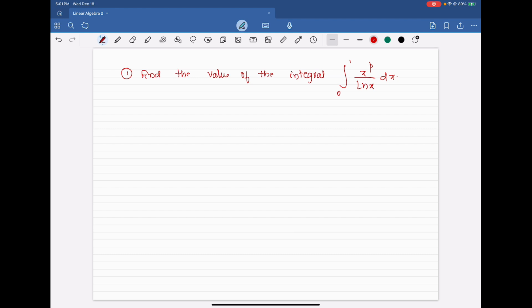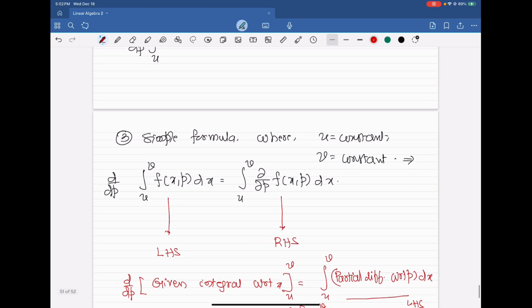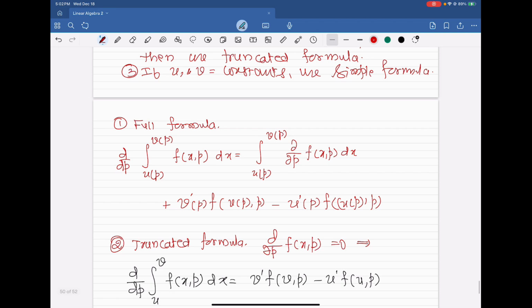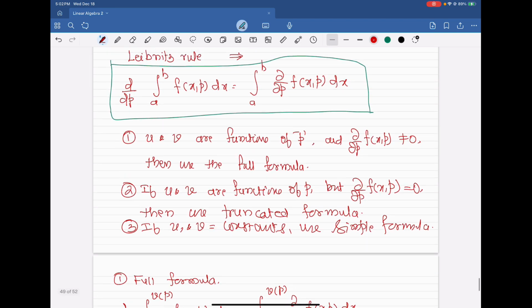And let me say, try to apply Leibnitz rule. What the Leibnitz rule says? d by dp.